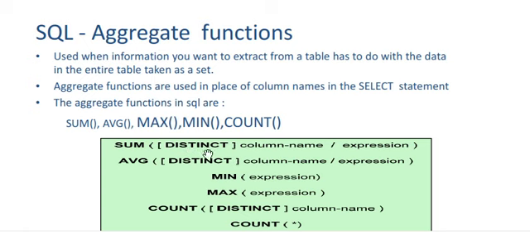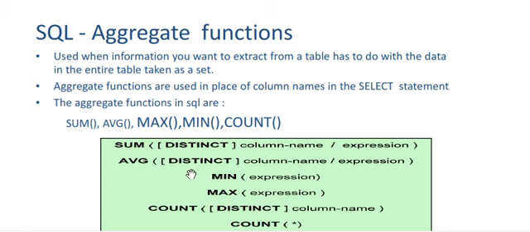If you remove this distinct and simply write sum of the column name, it is going to add all the repeated values, all the duplicate values also, and it will give you a single value. If you are using the distinct keyword, whatever repeated or duplicate values are there will be excluded, and you are going to get the output.